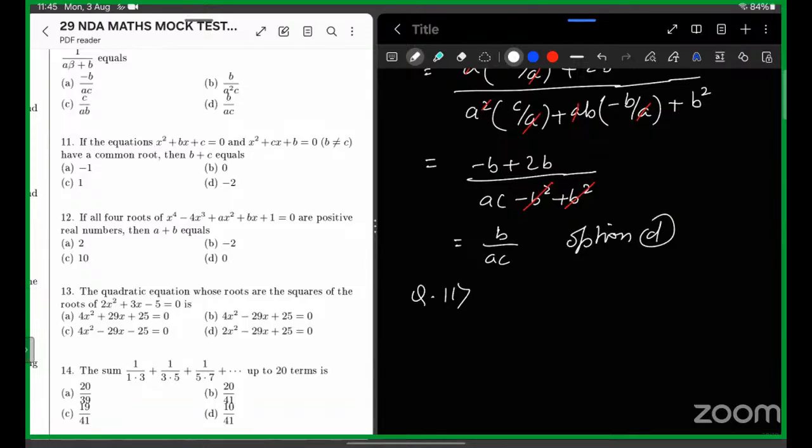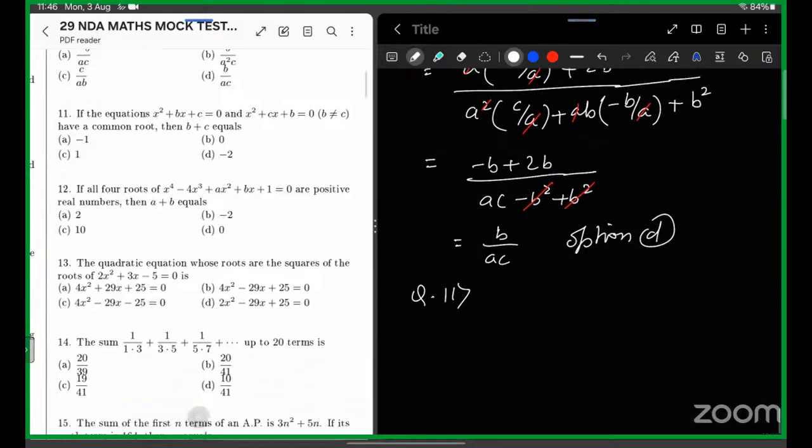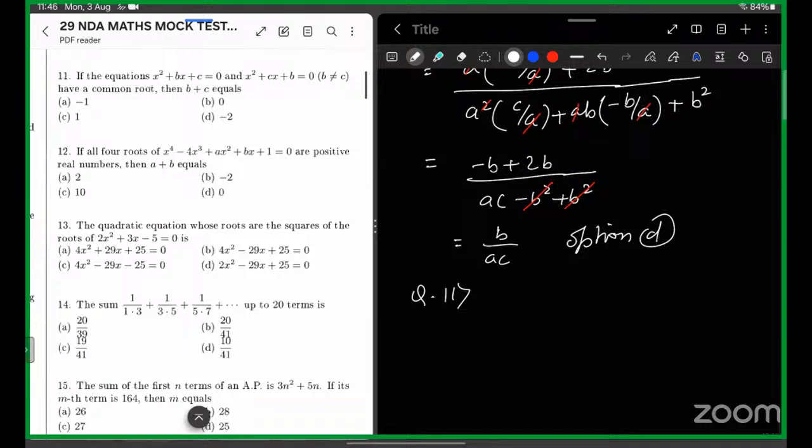B plus c का value. They have one common root. So what we will do, we will try to solve it by a trick fast. Let x be one of the roots which are common to both.